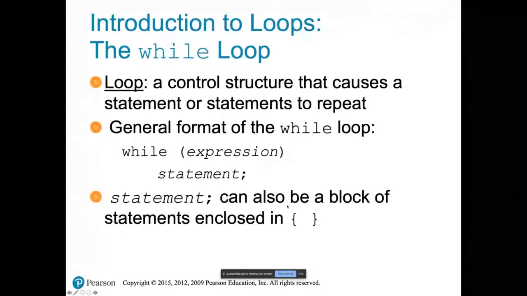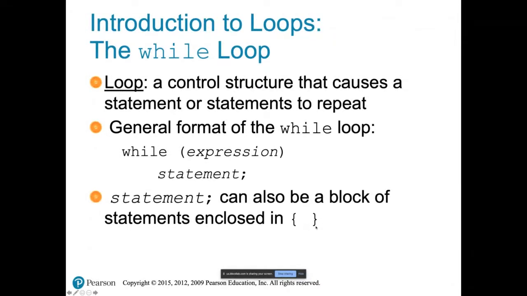If you need to do more than one statement, make sure you enclose them in curly braces. Remember, like we talked about in the last chapter, you can add variables within the scope of these parentheses and this block. Remember, the life of that variable is only within that block.